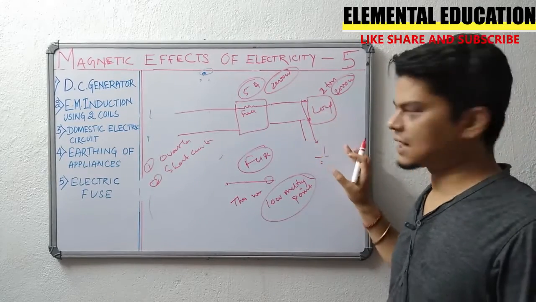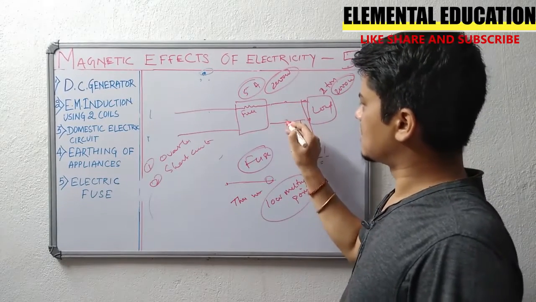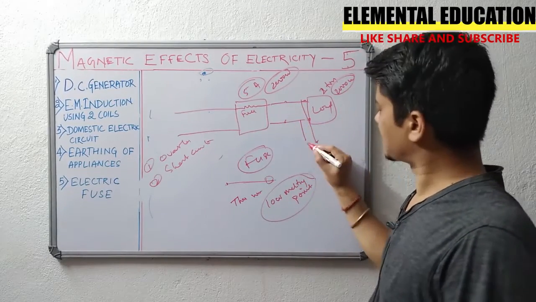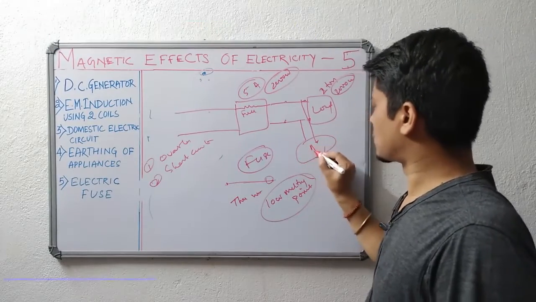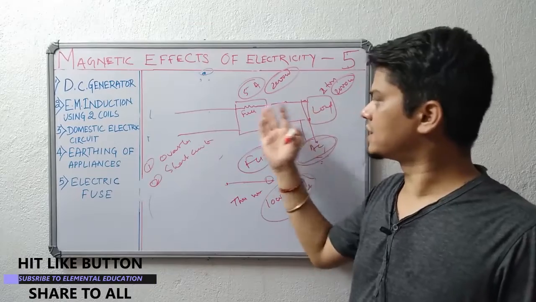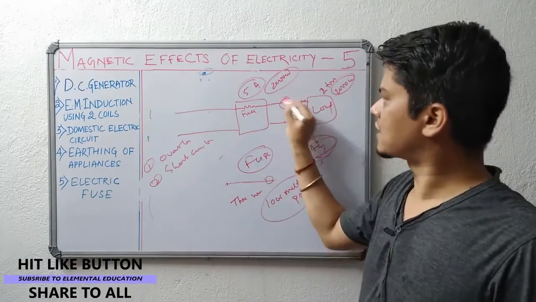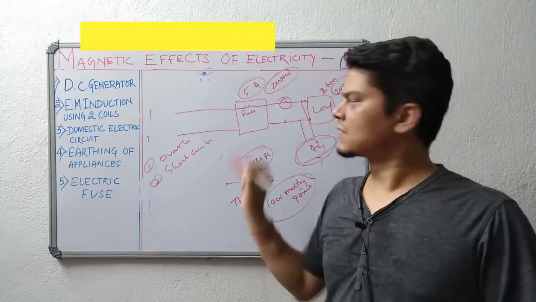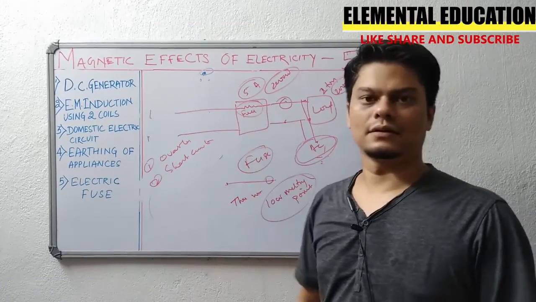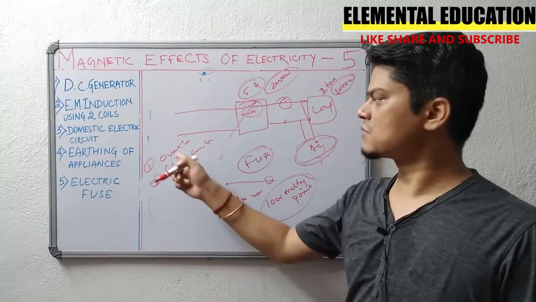Even though they are in parallel, it will get added up, right? So what will happen? This will ultimately increase the load in this wire. So instead of this wire getting heated up and burning, this fuse will get burned. So it will break the circuit and protect us from overloading.